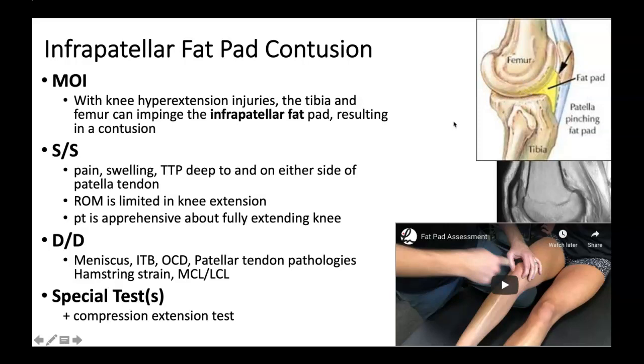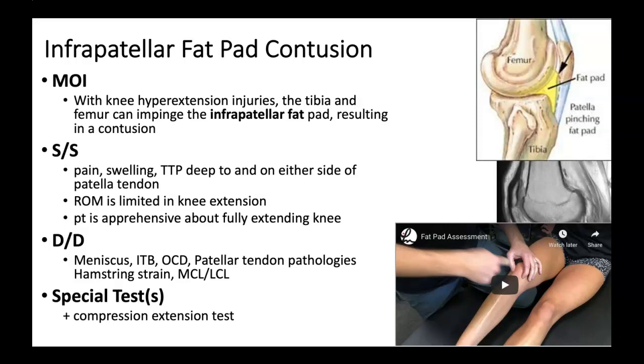Now, if we think about the mechanism of injury for a fat pad contusion, there really are three different ways that it can become injured. But the most common way that you'll see it injured is in a hyperextension knee moment, right? Now, we'll get to an injury called the posterior cruciate ligament. And of course, one of the mechanisms of injury for a PCL injury is going to be hyperextension.